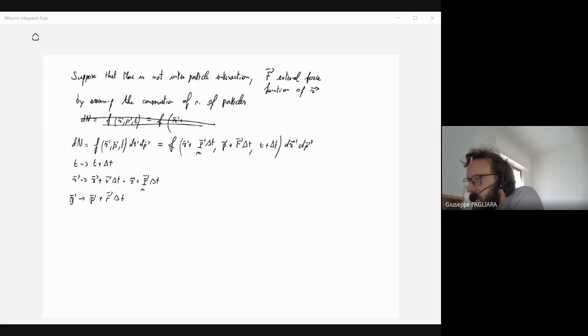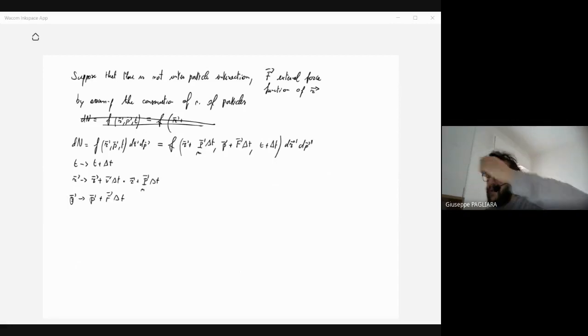Basically what I'm saying is that, due to the external field, if I look at the temporal evolution of the system, since the aim of the Boltzmann equation is to derive the temporal evolution of a system which is approaching equilibrium, here I'm just conserving the number of particles.